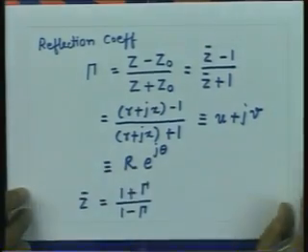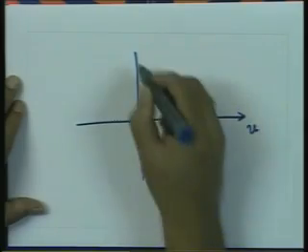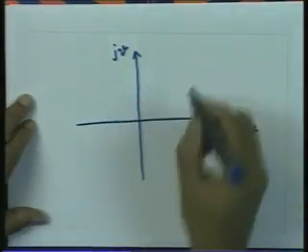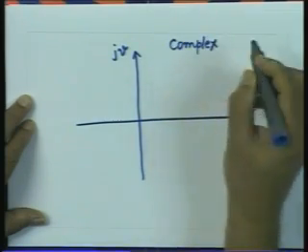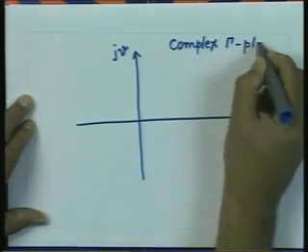That means, if I plot the reflection coefficient in the complex reflection coefficient plane, what we can call the complex gamma plane, the real axis is u and the imaginary axis is jv, and here we are marking the complex reflection coefficient. So, this is the complex gamma plane.